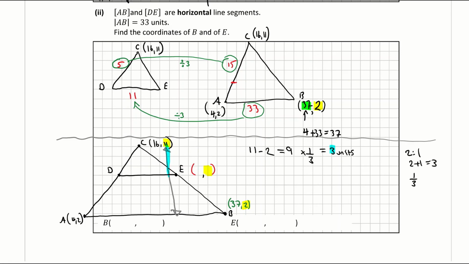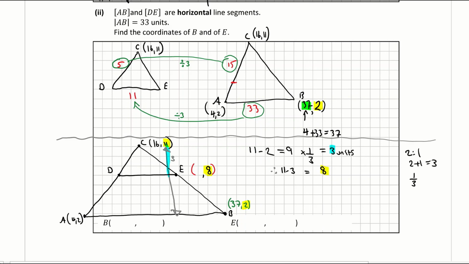So I'm going back 3 units. If I go 11 subtract 3, that gives me 8 as my y. So my E is starting off as x, 8 in other words. So that's the y coordinate found.